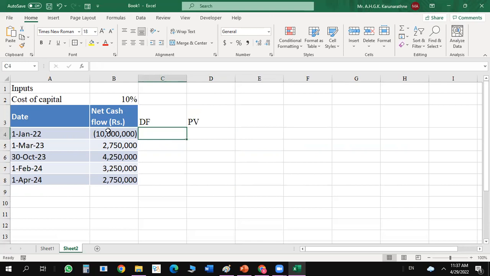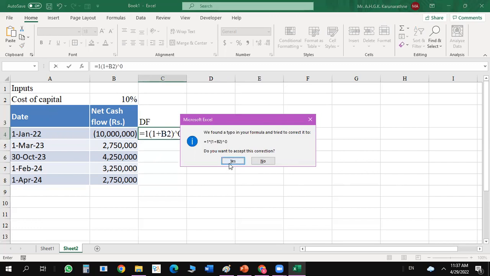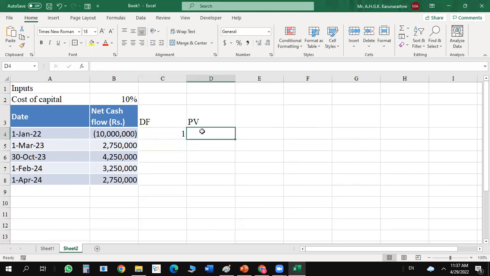For the initial investment, the discount factor is 1 plus discount rate to the power 0, because it is time point 0, so it is 1. Then present value is equal to initial cash outflow times discount factor.